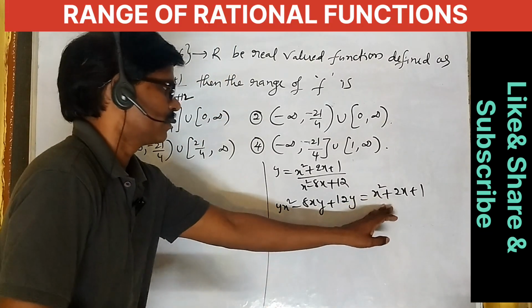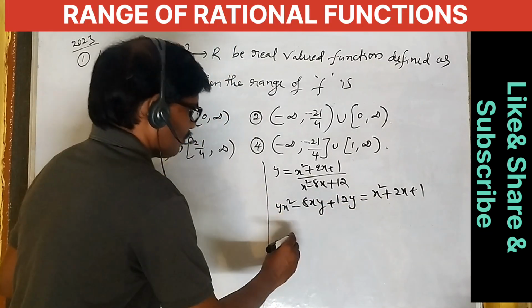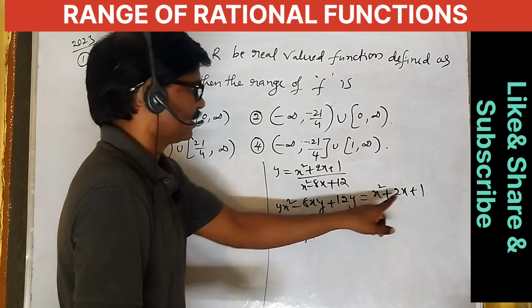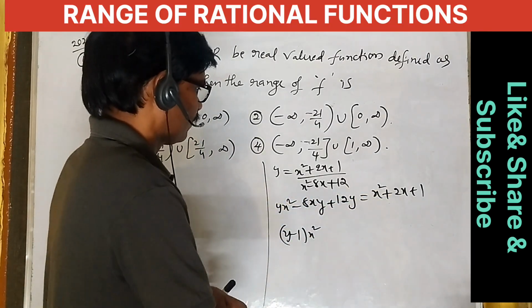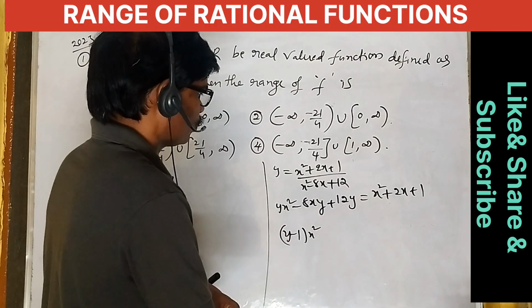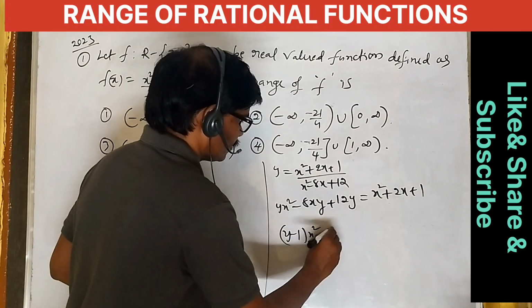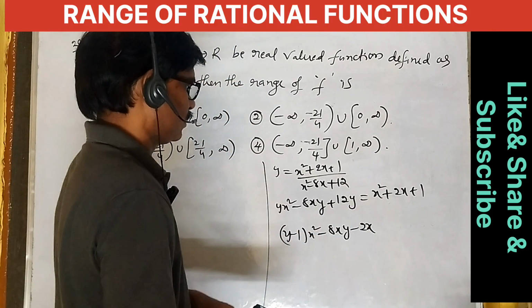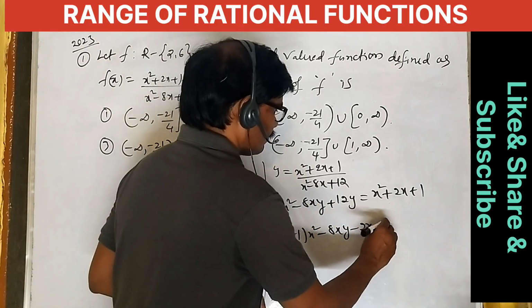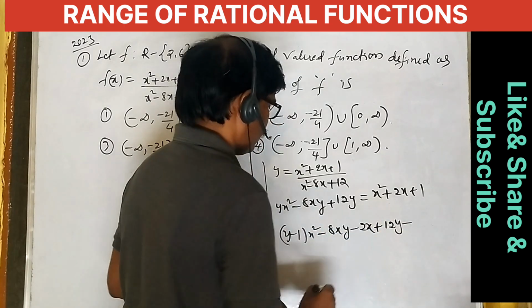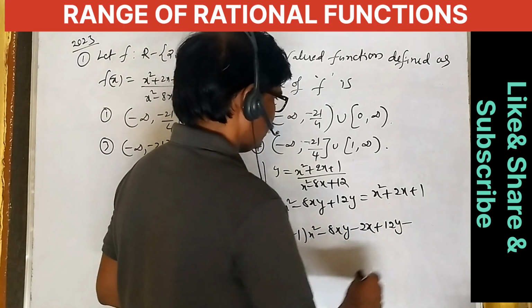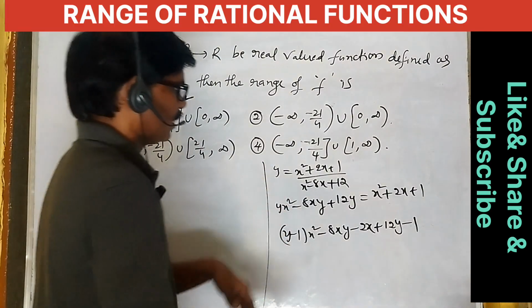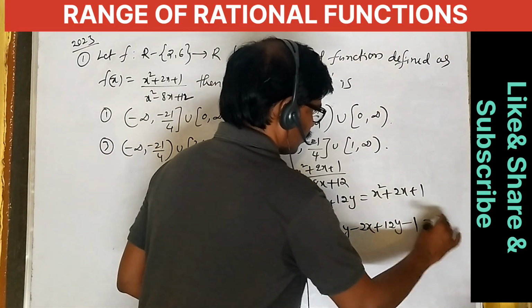Take this side: y minus 1 into x square, then minus 8xy minus 2x, plus 12y minus 1, equal to 0.